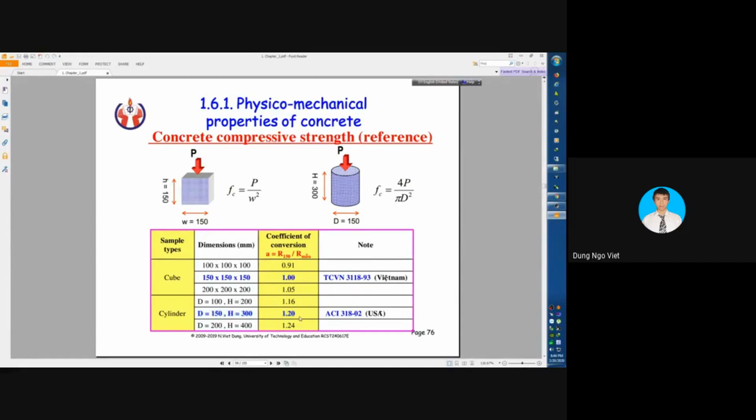And the strength value of this sample is equal to the Vietnam standard multiplied by 1.2. So be careful when you use the foreign standards and Vietnamese standards. This is the sample for the ACI, and this is the sample for Vietnam standards.